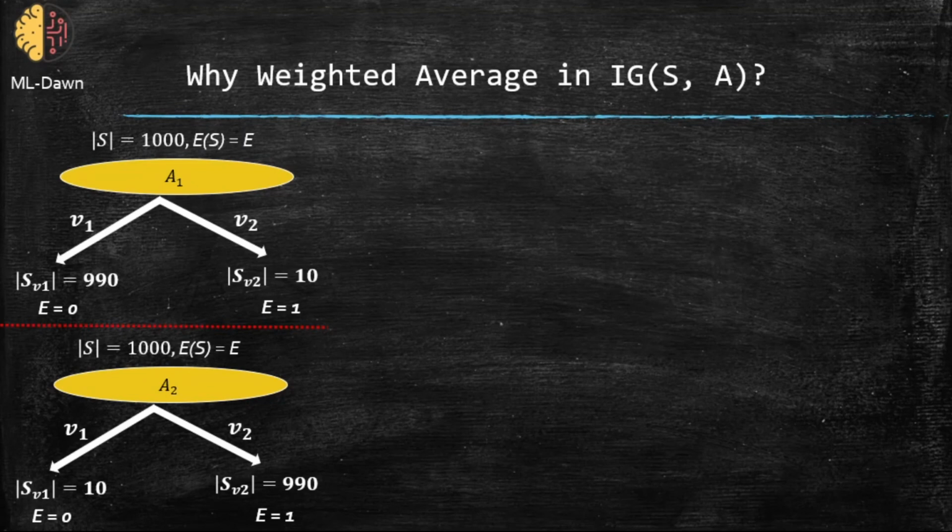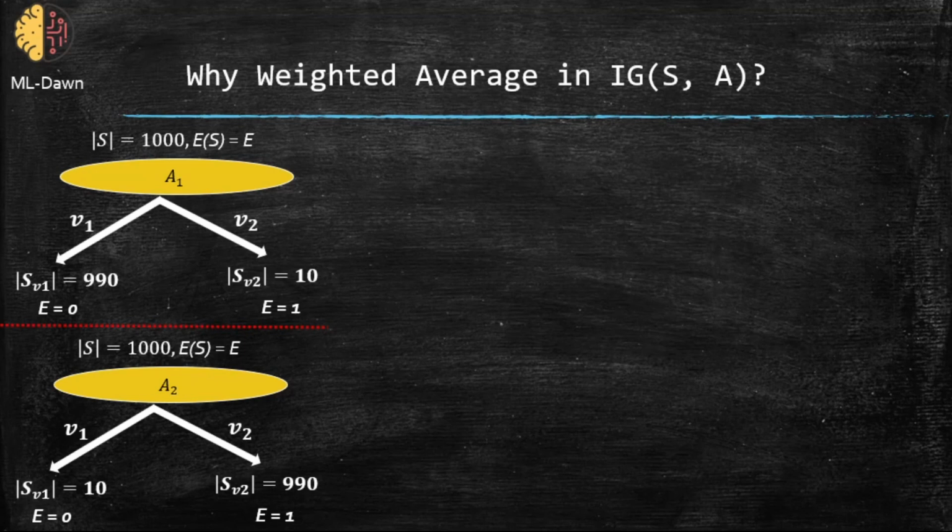Right, so let's say before we do any splitting, the size of our data set is 1000 and the entropy of our set is E. Let's show it with E, okay? Now we've got A1 and A2. If we choose A1 for splitting, we will get 2 possible subsets, SV1 and SV2.